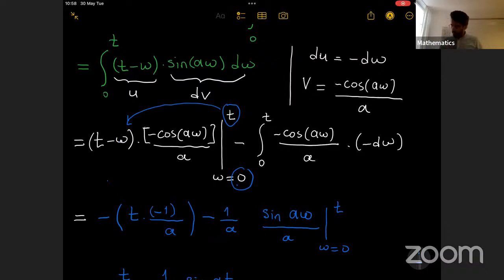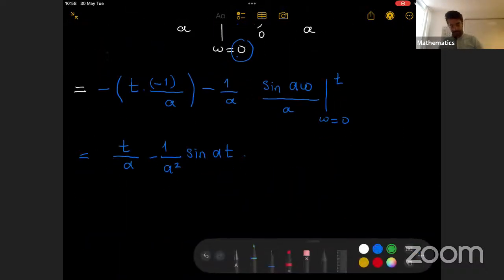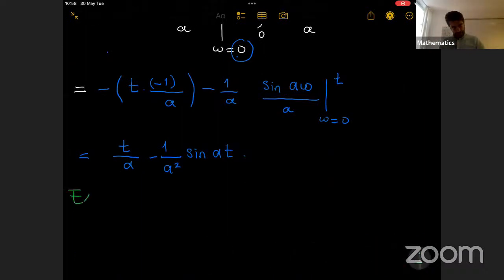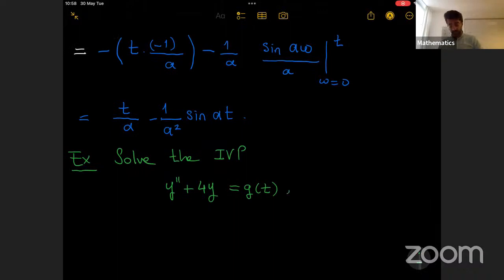Let's do one more example with this. Solve the initial value problem, IVP: y double prime plus 4 times y is equal to g of t, with initial values y(0) equal to 3 and y prime at 0 equal to -1.